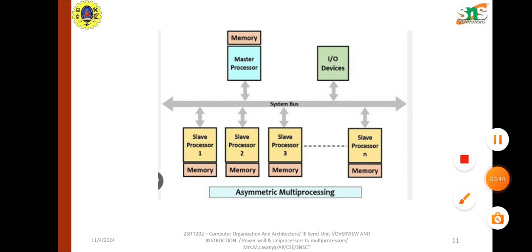In this system, there is a master processor or boss processor present on the top, and it is responsible for assigning work to all the other slave processors present in the system. Thus, the master processor, apart from assigning tasks to the slave processors, doesn't do any work. Its major role in that system is just assigning and monitoring the workload.